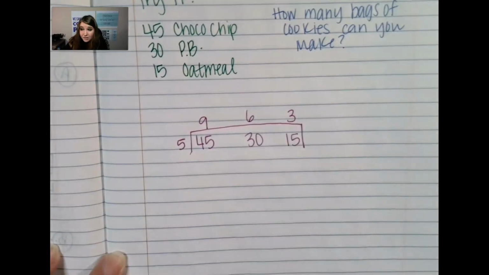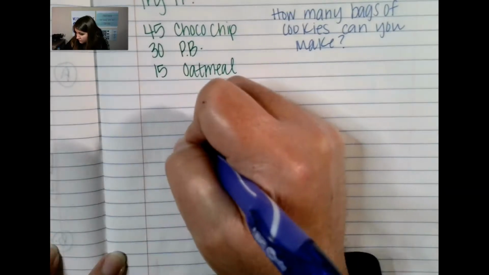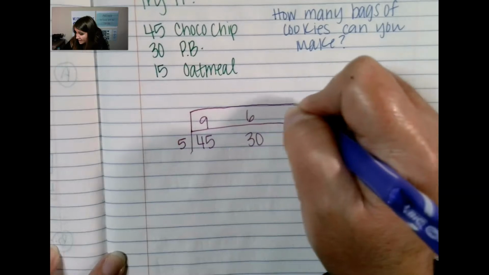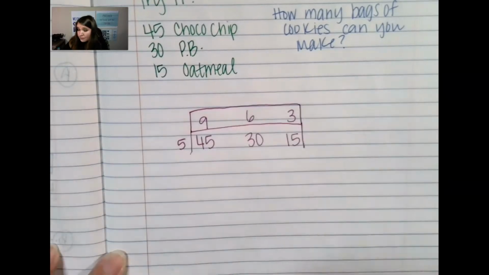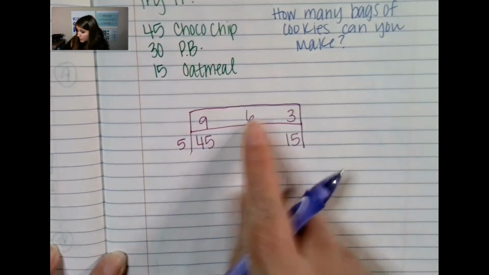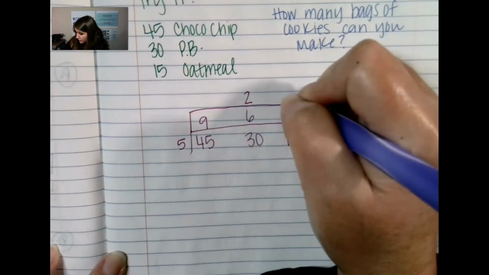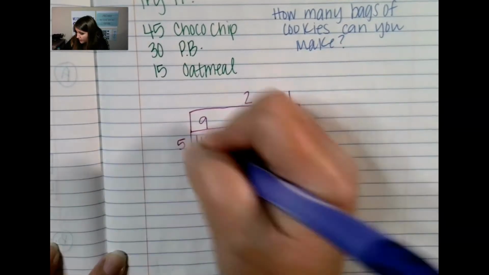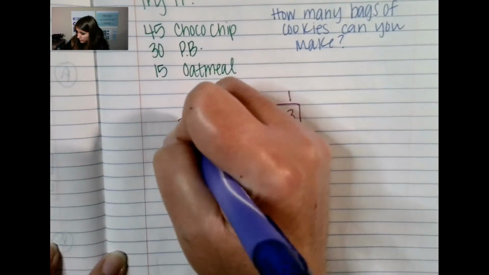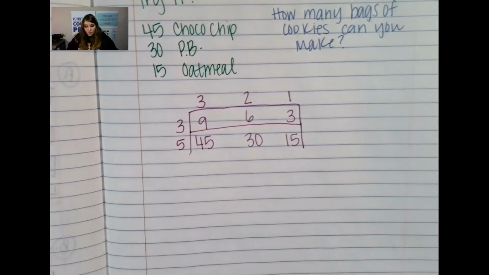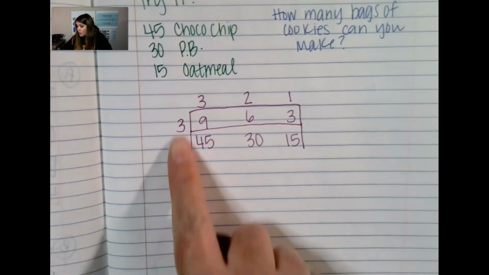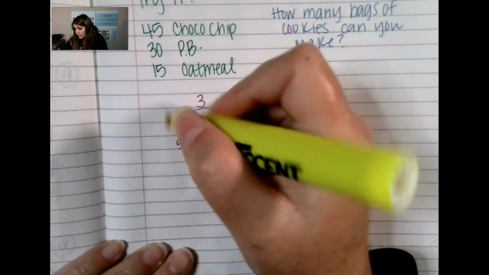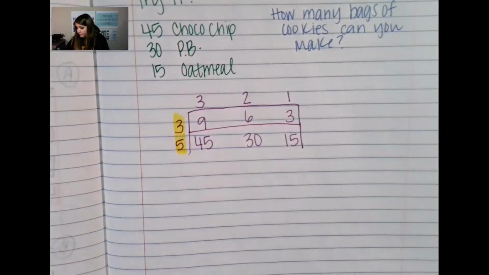Okay, I also see on my next level that all of these have a 3 in common. 3 times 2, 3 times 1, and 3 times 3. Look at that. So my ladder is completed. It's only 2 steps.